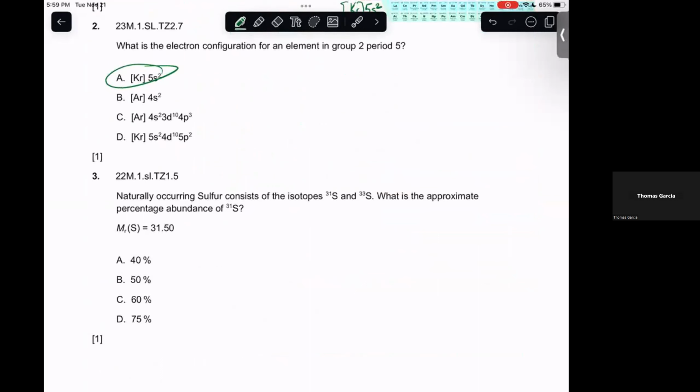Moving on to number 3, naturally occurring sulfur consists of the isotopes S31 and S33. What is the approximate percent abundance of 31S? So there's the real mathematical way to do this, which is the total abundance, x plus y, is equal to 100%, like the total abundance of each one, where x can represent 31, y can represent 33.